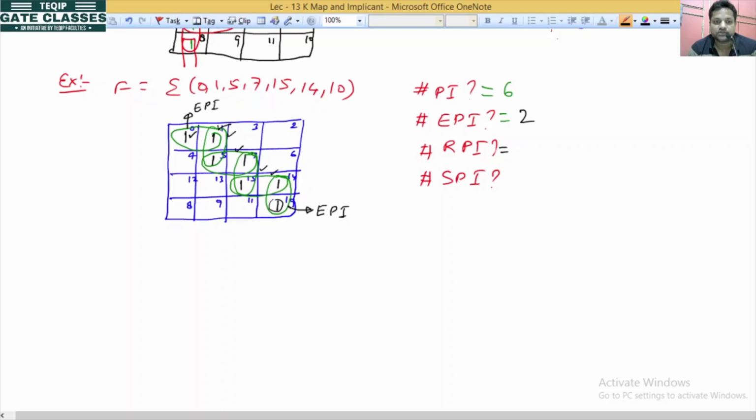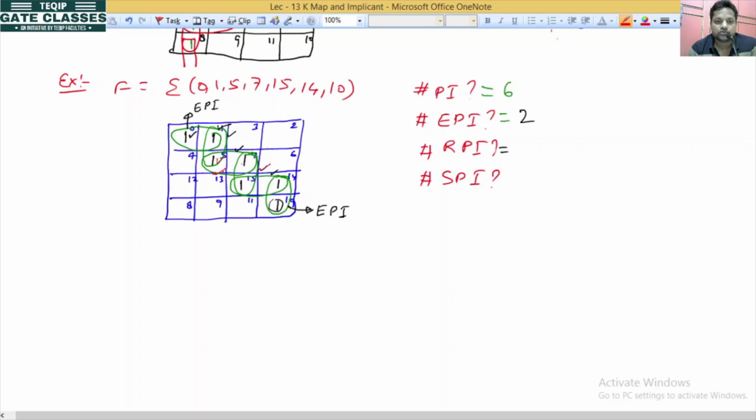If this one is also covered by EPI, then it will be RPI. But the second one is not covered by EPI, so it is not RPI. Similarly, in this group, both the ones are not covered by EPI, so it is not RPI.